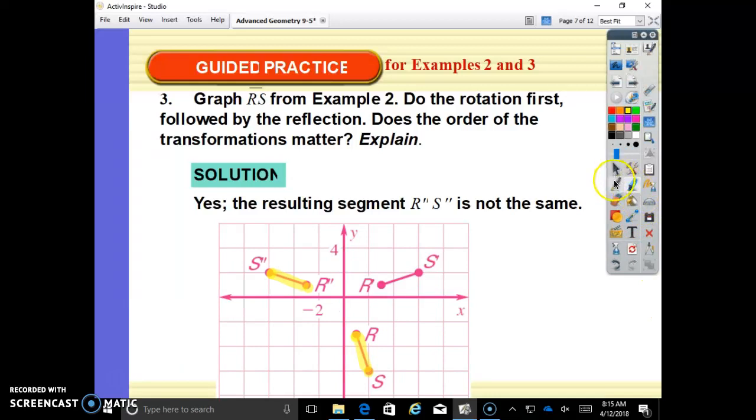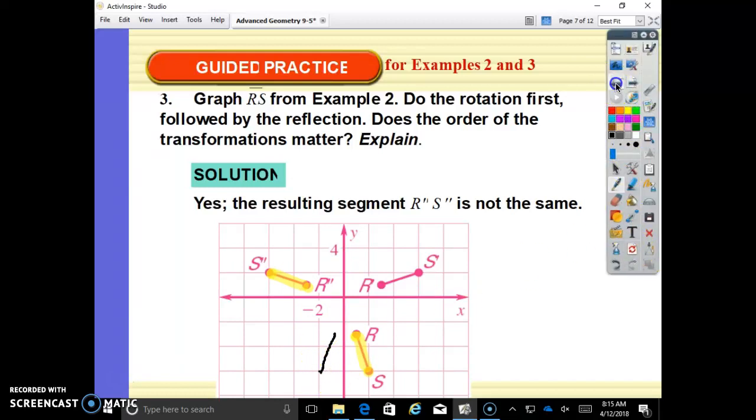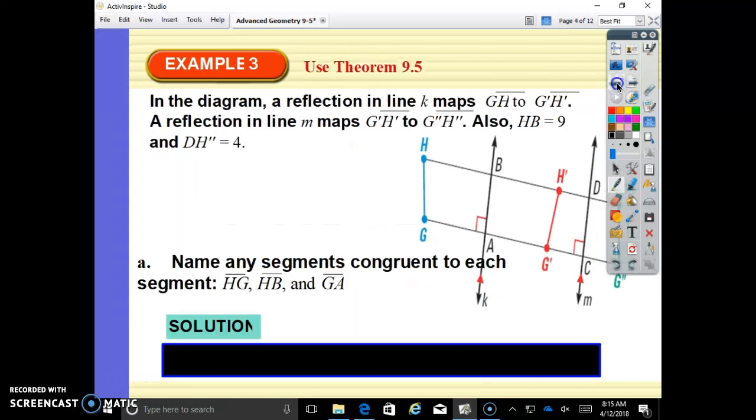Well, let's reflect and then rotate with it. So if I reflect this, I'm reflecting over the Y, and then do my rotation, it's not going to end up in the same space. We have to go back to example 2 to see what exactly they had said we were supposed to do.